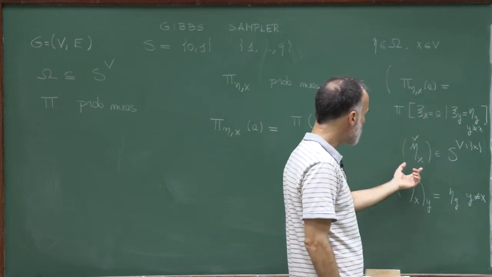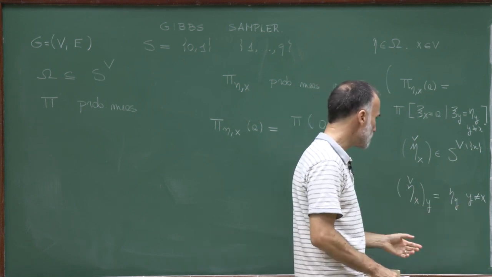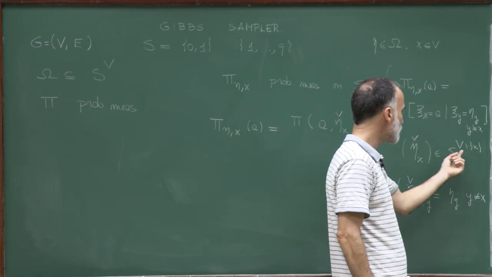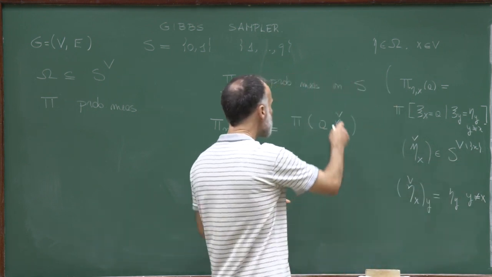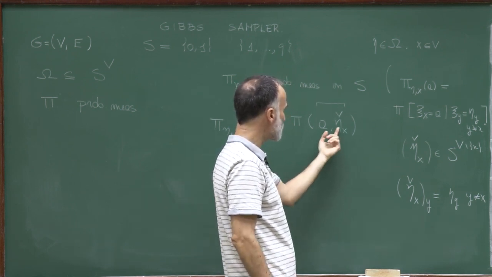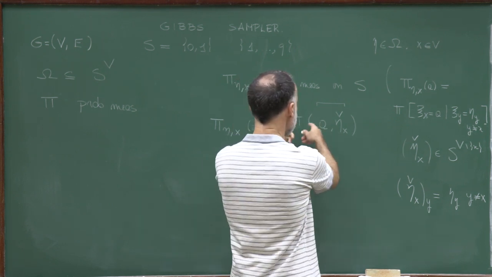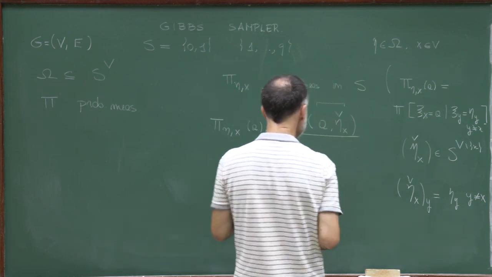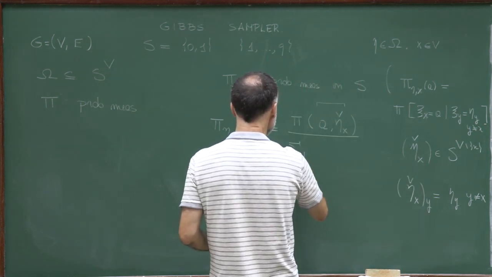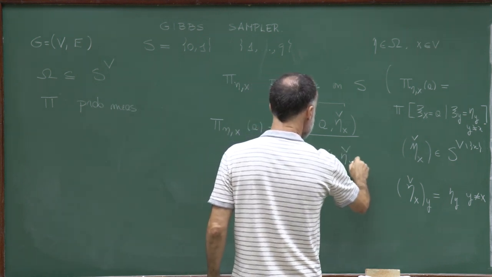So you have a configuration, you remove site x, so there remain all sites y different from x, and this is just the configuration you have. So this is a new configuration, defined on all sites but x. And now it's a new configuration which on all sites different from x is equal to the value of eta, and at site x it is equal to A. So this is the probability under pi of this configuration, and I'm summing over all possible values B in the set S of pi of B eta check x.